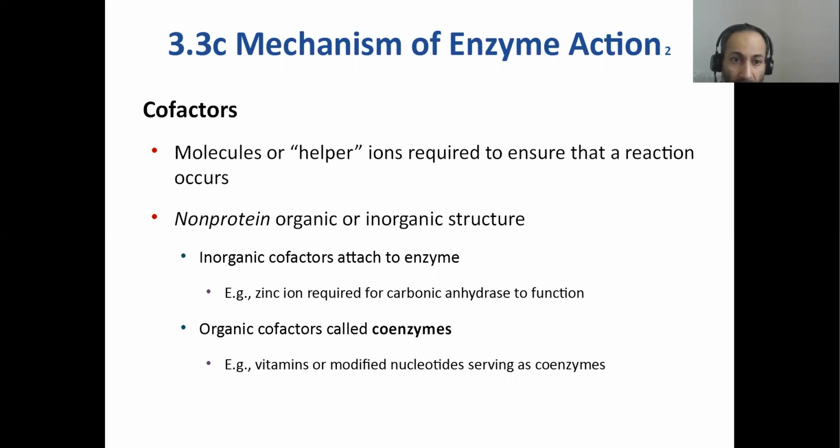So inorganic cofactors will actually attach to enzymes to make the reaction go by faster. Some examples of inorganic cofactors are minerals like zinc, iron, selenium, magnesium, calcium, whatever, right? So these are called inorganic cofactors. The organic cofactors, which means they're derived from living things and contain carbon, those are called coenzymes. Organic cofactors are also called coenzymes.